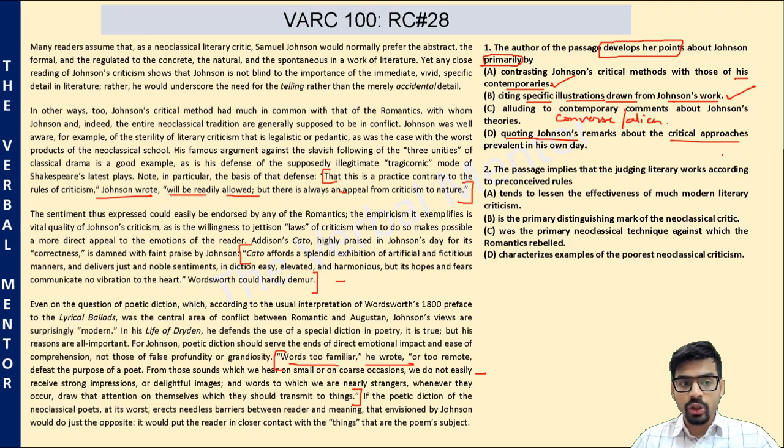He is giving his opinion on poetry, on literature in general, on prose. He is not giving his opinion about other people's literary criticism. Therefore, option D, this part is factually incorrect, about the critical approaches prevalent. This part is alien or factually incorrect.